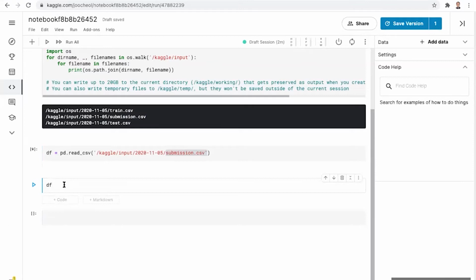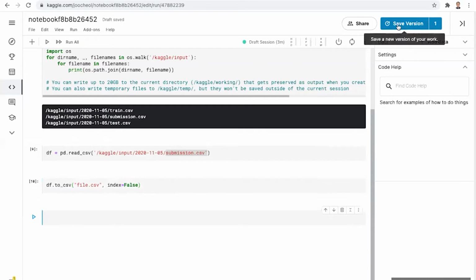Then I need to save it to this notebook. So df.to_csv, and then I can make any name that I want. It's just file.csv, and index is False. And then save the version.